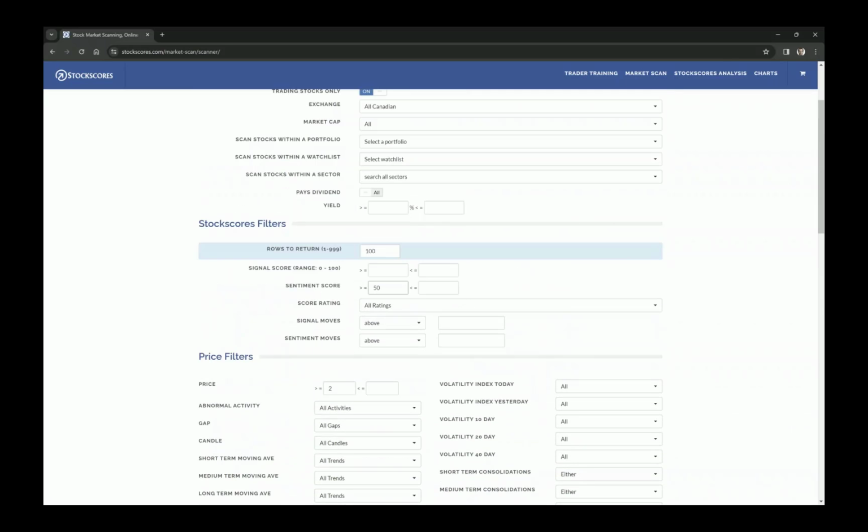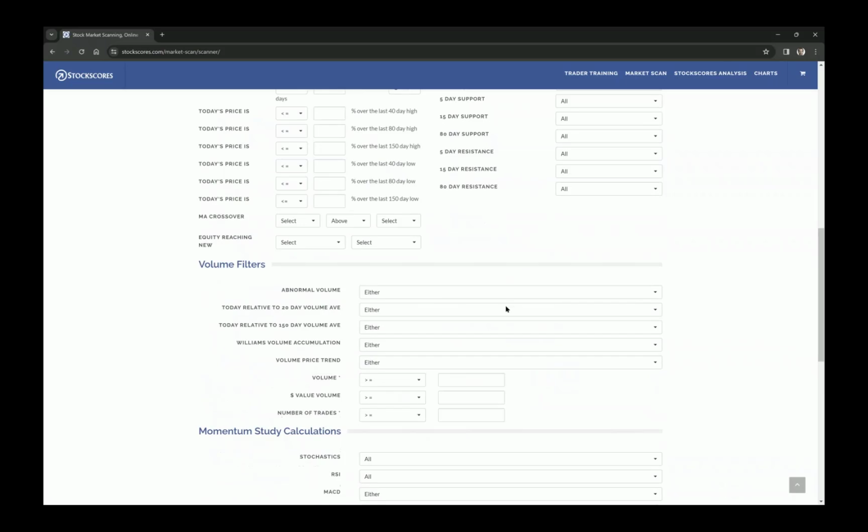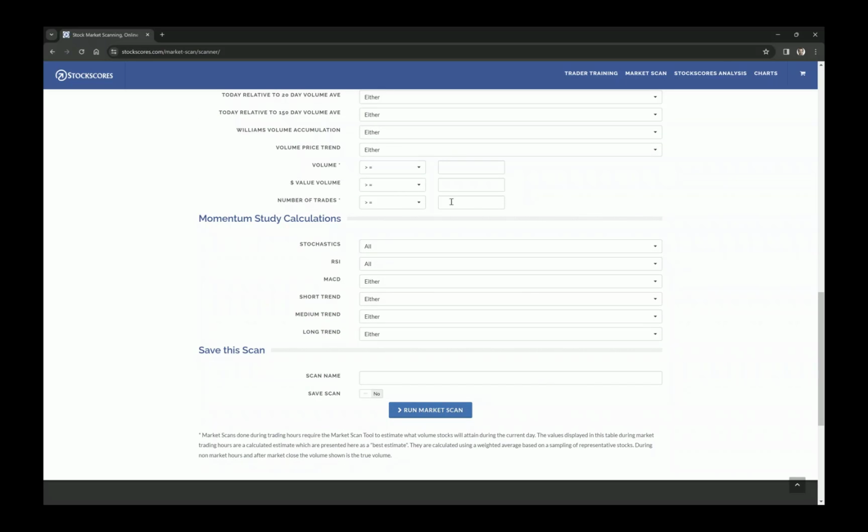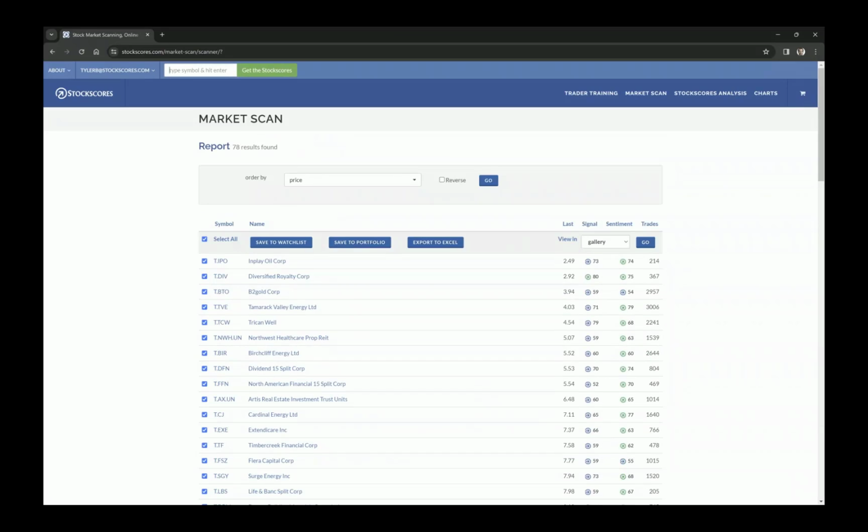So where's my dividend? Here it is. So dividend yield of at least 3%. And just so I don't get stocks that are really illiquid, I will also say that it has to trade at least 200 times a day. Okay, run the scan. It just went through every stock in Canada, and it found 78 that meet those criteria.